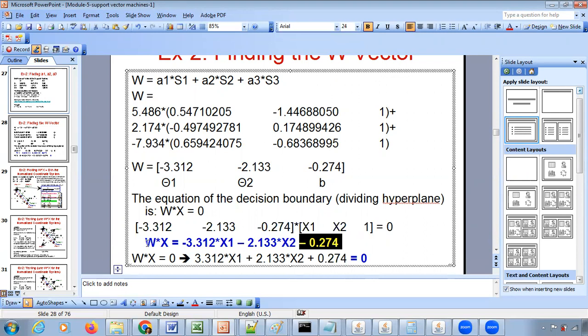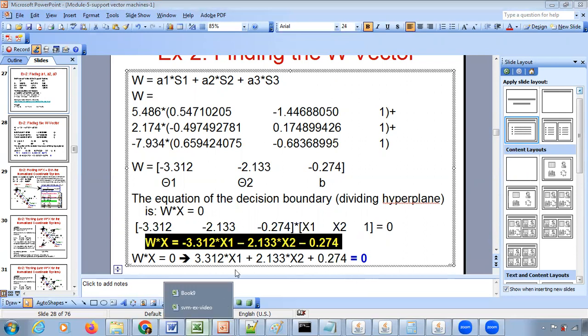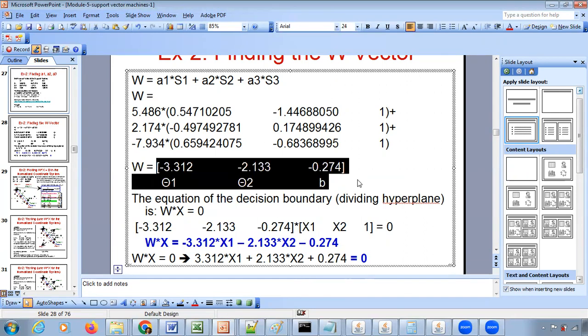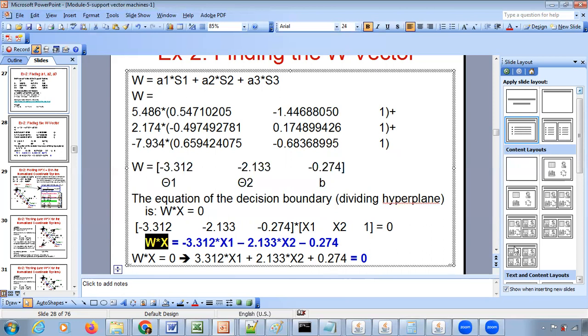Remember, this is our decision boundary. So if you want to use this right away to validate the other data points, make sure you use the same sign that you have here. So this is what we determined as theta 1, theta 2, and B. And you have to use just those values, including the sign, when you use W times X somewhere in your calculations.